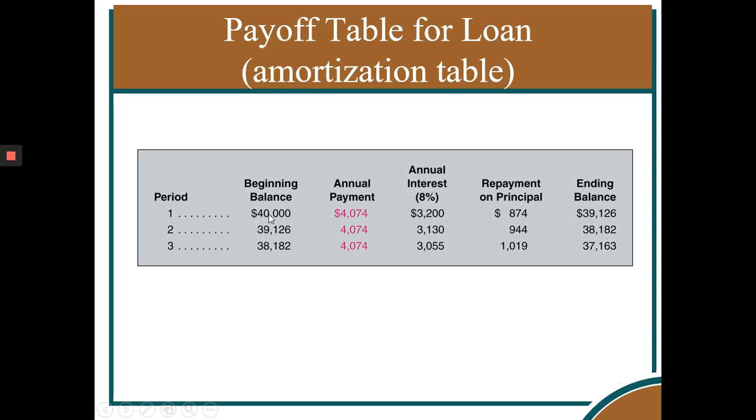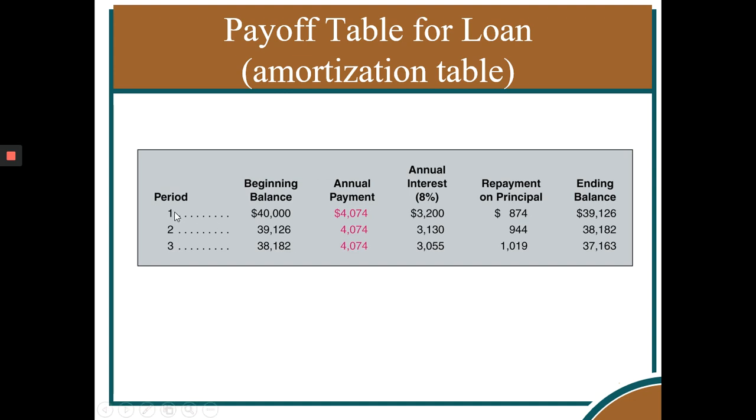You see, 40,000 after paying 4,074, your principal is just reduced by 800 plus, right? So remember, in the beginning part, you are paying more interest. Therefore, your principal will be high.